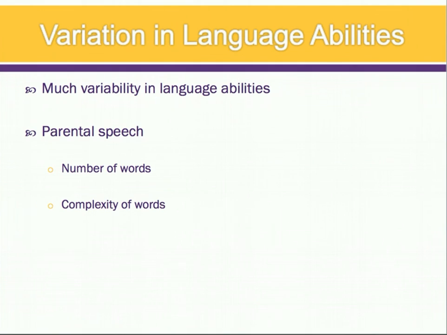So language delays. Why do some of these delays occur? Well, we know it's heritable, but there's more than that. I'm just going to give you a list. You don't need to know these if you don't want, but I want to give you a list of many of the things that have been found to be related to language delays.